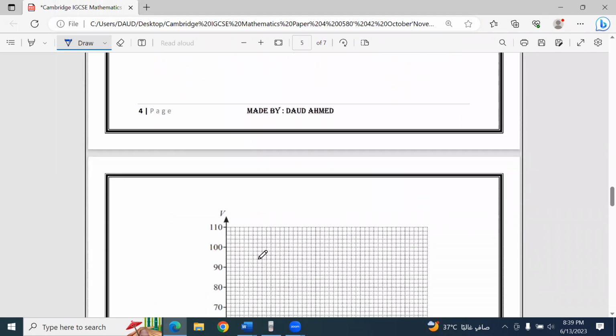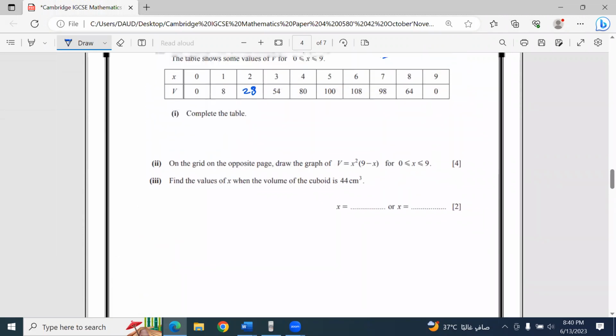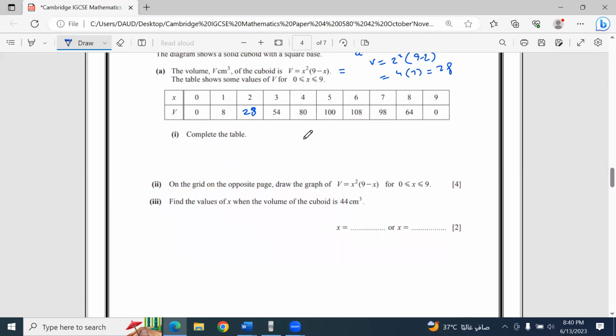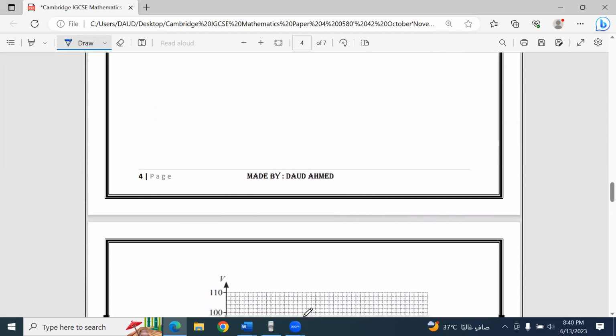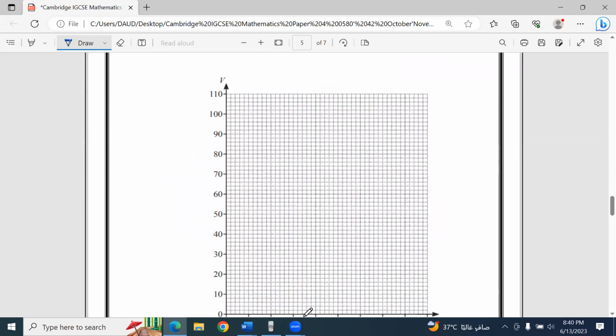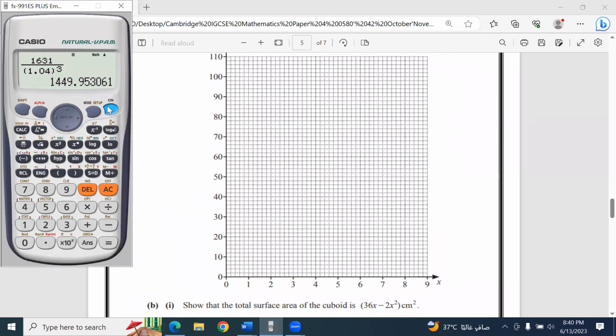So here we have the graph, but remember the values. First value is 0, 0. Then 1, 8 and 2, 28. So I will plot. One more thing you have to remember: along the x-axis, one small box is what? If 1 represents 5 boxes, so 1 divided by 5 gives me 0.2.